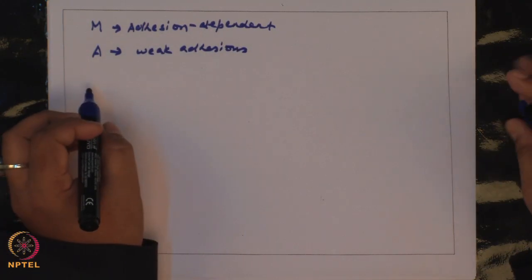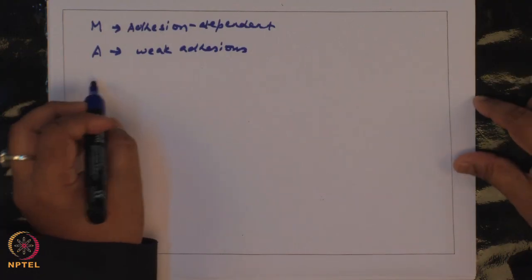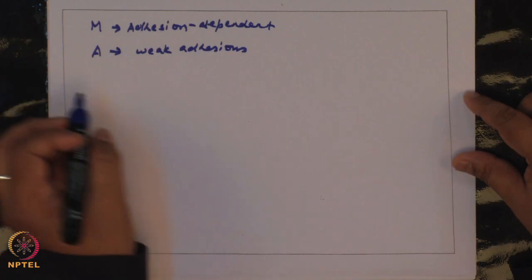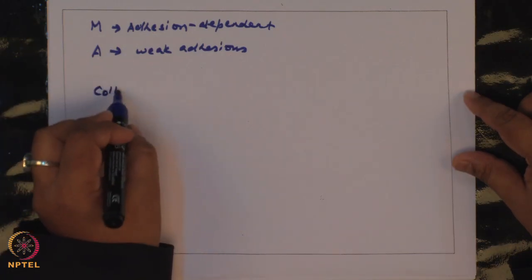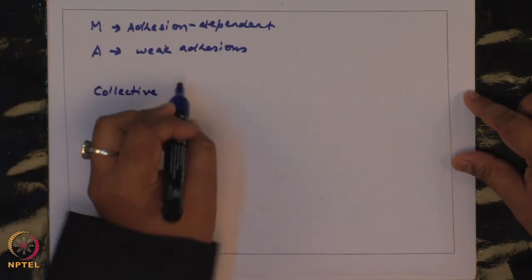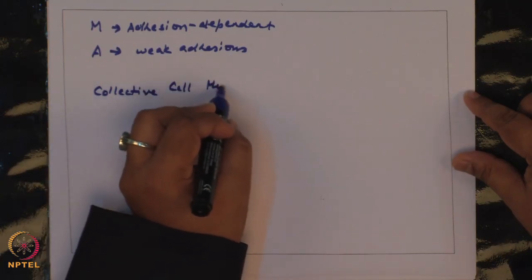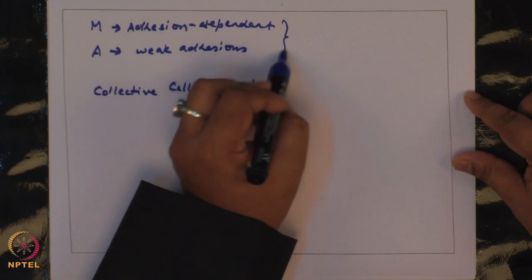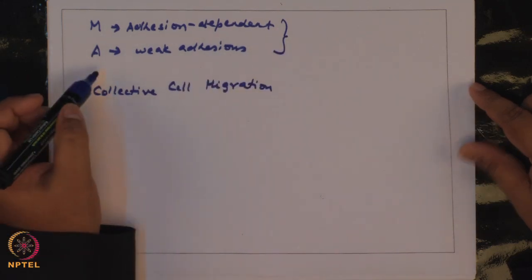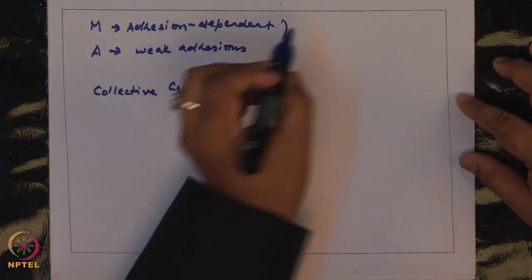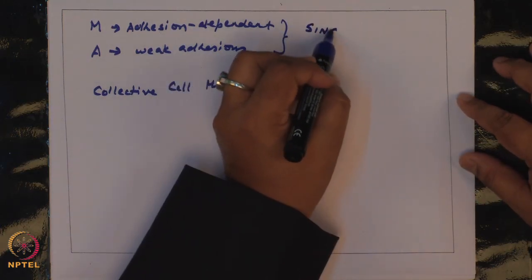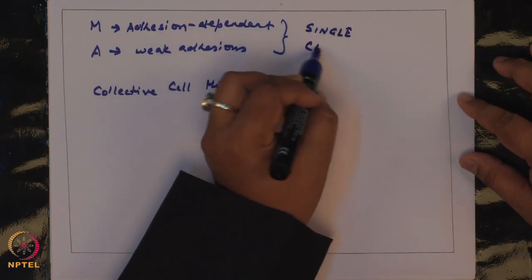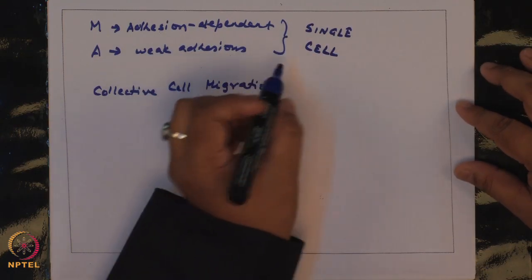Towards the end of last lecture, I introduced another mode of migration, which is collective cell migration. In both the mesenchymal and amoeboidal modes, I was essentially talking about single cell migration. So, there are two different modes of single cell migration.